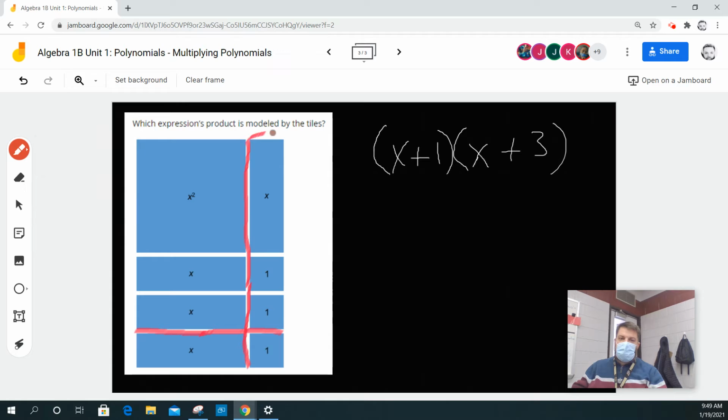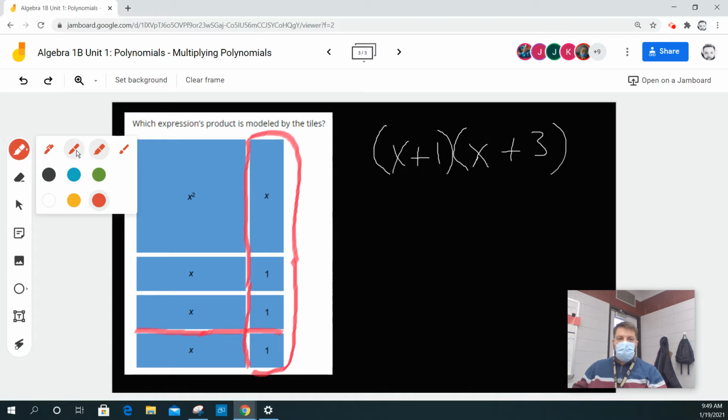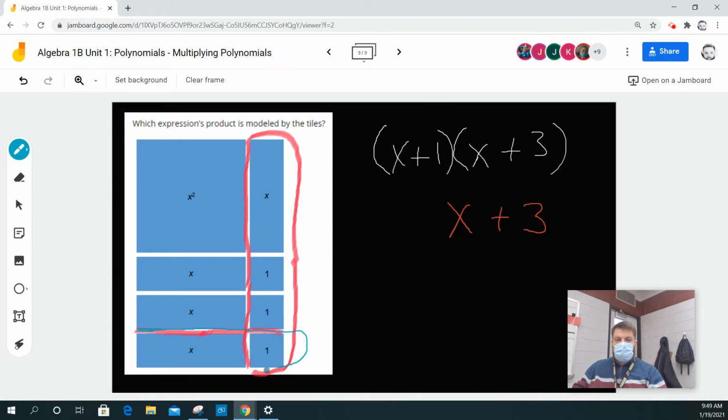This stuff right here represents x plus 3. All right, and maybe I'll do a different color down here. This right here represents x plus 1.